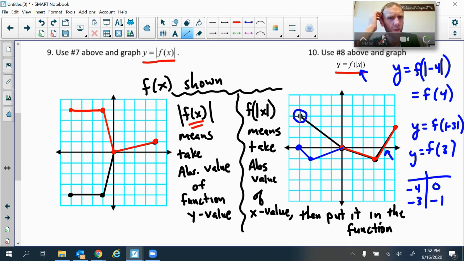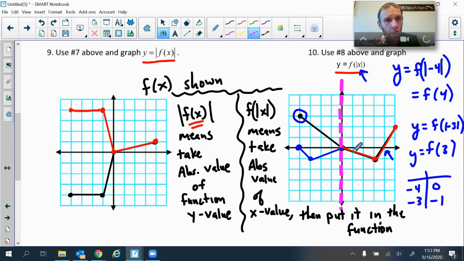So is there a value -5 in the domain? No, so I have to stop it. So like it has to stop. But basically what I'm noticing is if I look at this graph, this reflects over the x-axis and this reflects over the y-axis.